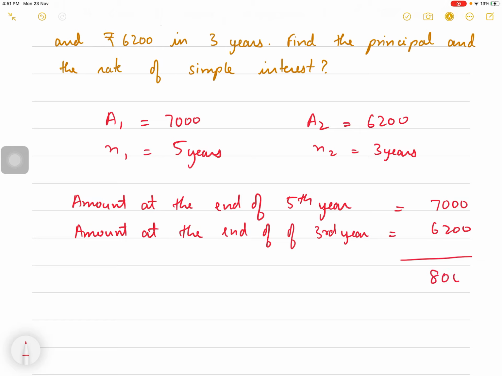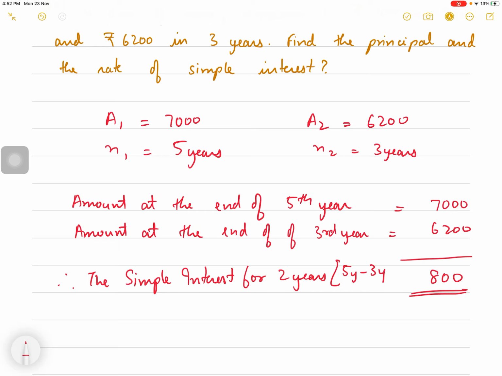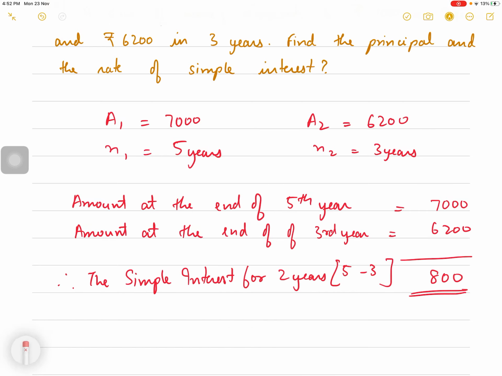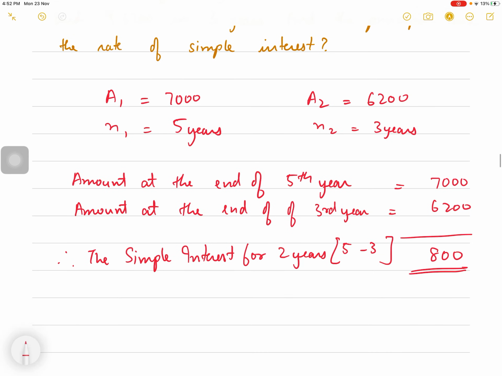So 800 is the simple interest for 2 years, that is 5 minus 3. So simple interest for 2 years is 800.